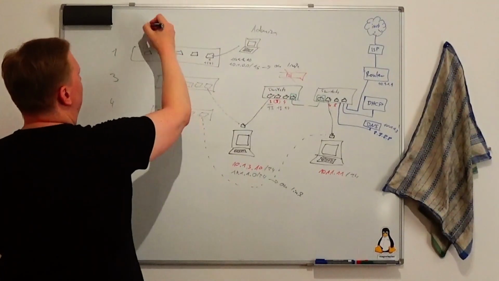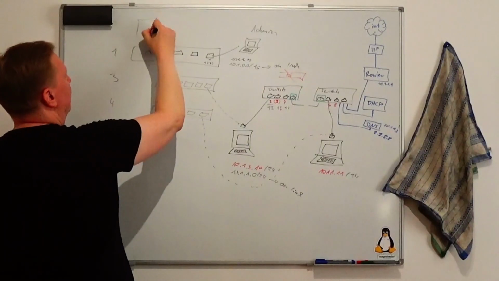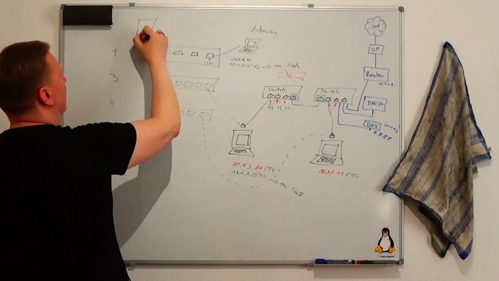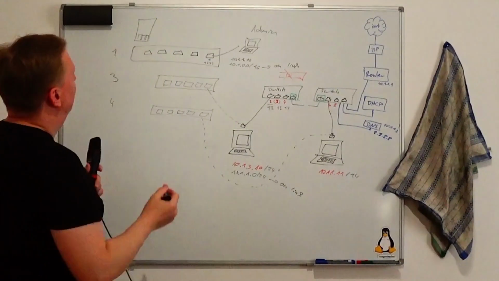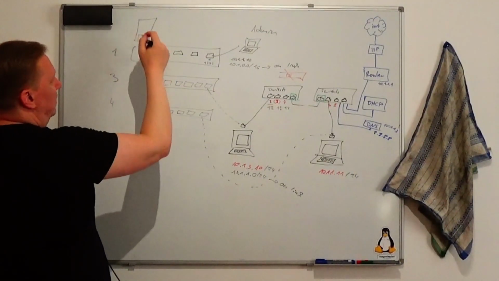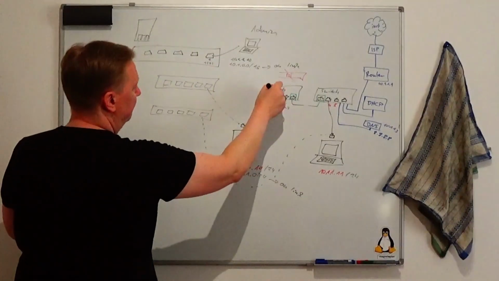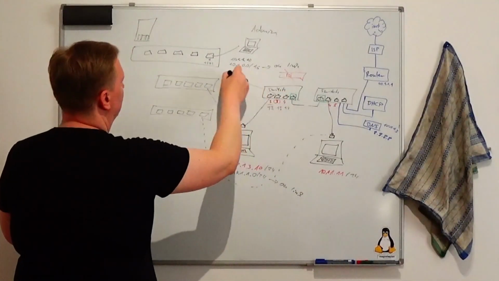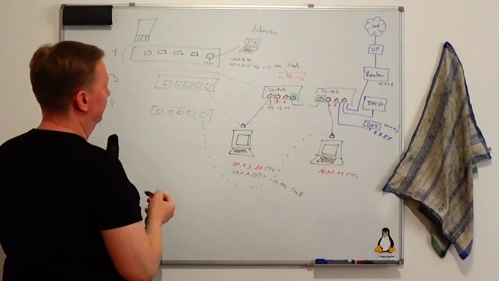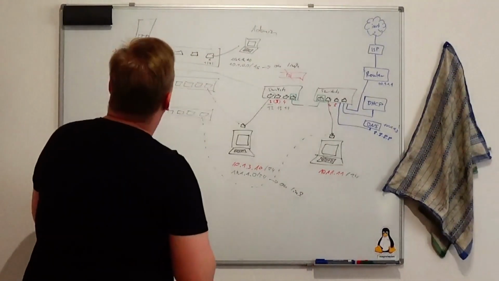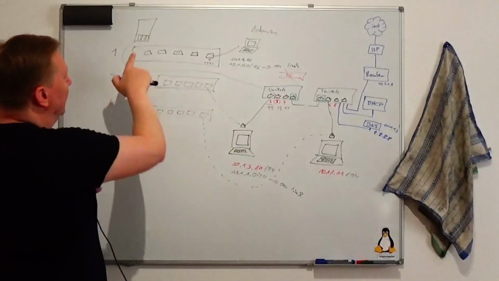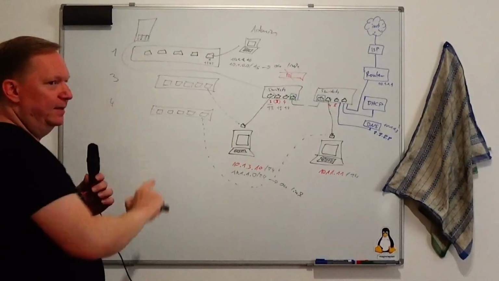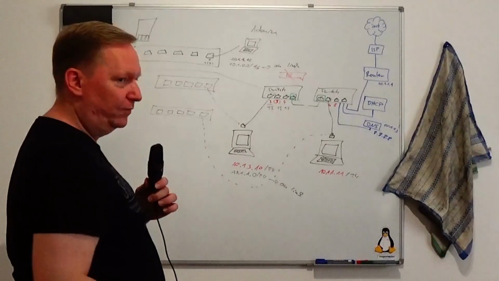So what we will do now is we will take the Raspberry Pi, and connect it to one switch port. Okay, but we will configure the Raspberry Pi to pretend to be a switch itself.